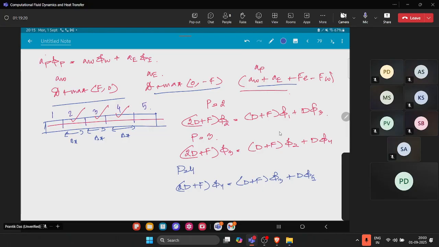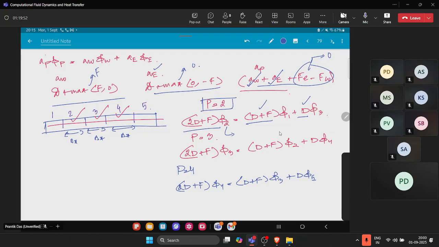If the flow is happening from west to east, the max of this will be equal to 0, and this should be equal to F. So AW is D plus F, AE is D, and AP is AW plus AE, since AP minus AW minus AE is equal to 0 because of conservativeness. So D plus F plus D is 2D plus F, which appears here since we are solving for the P equals 2 cell.